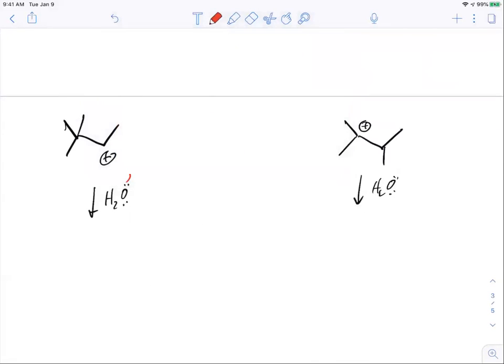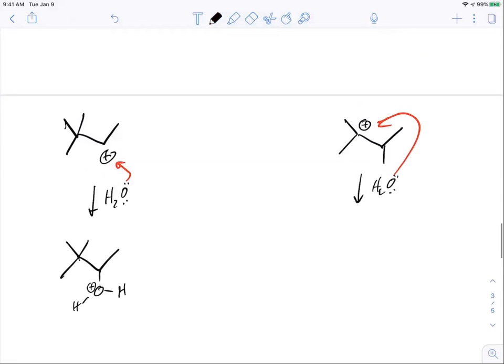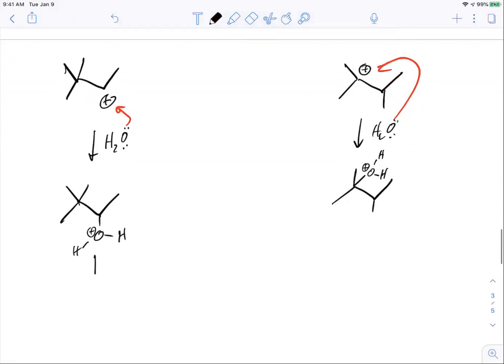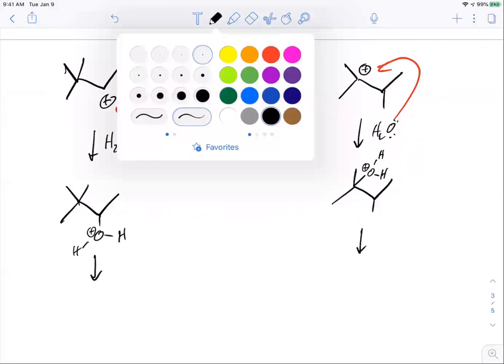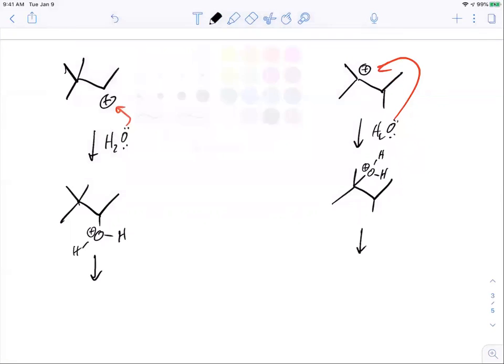So first step, nucleophile attacks electrophile. And then to complete this, we get a proton transfer.